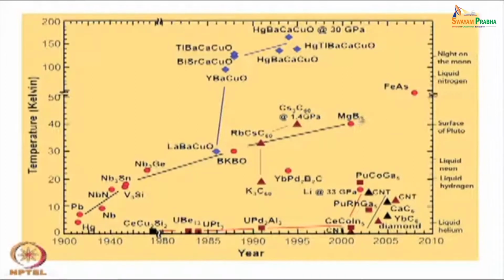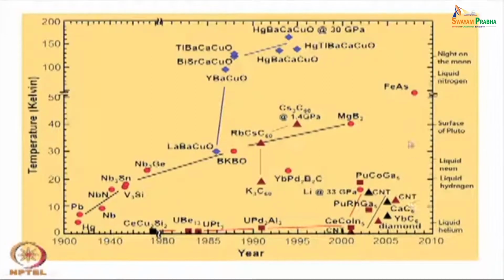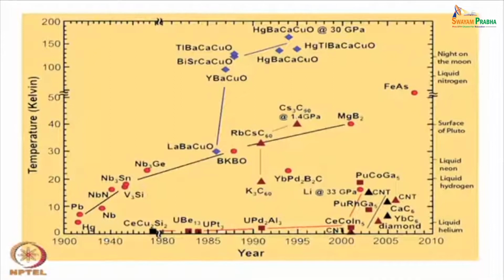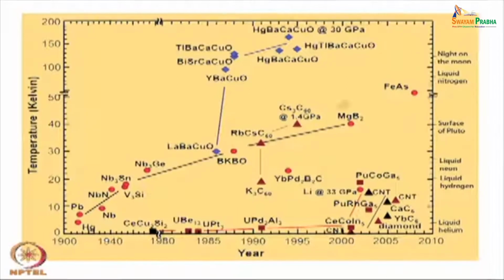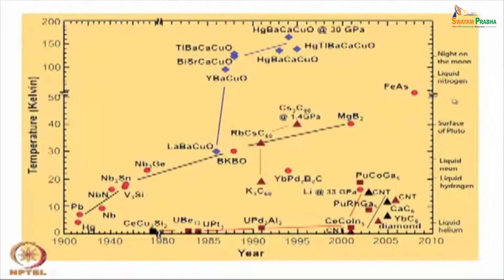And then, very recently, after 2006-2007, this compound has also been observed, an intermetallic compound of iron and arsenic, where the highest Tc is slightly more than 50 K. However, there is a bifurcation here.